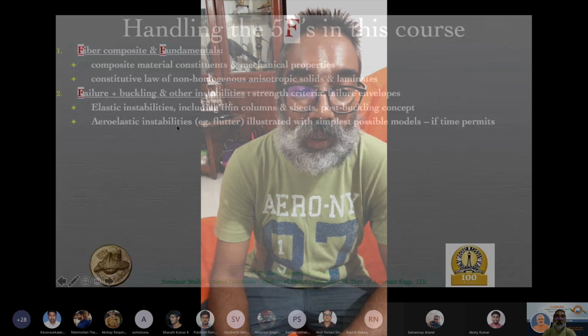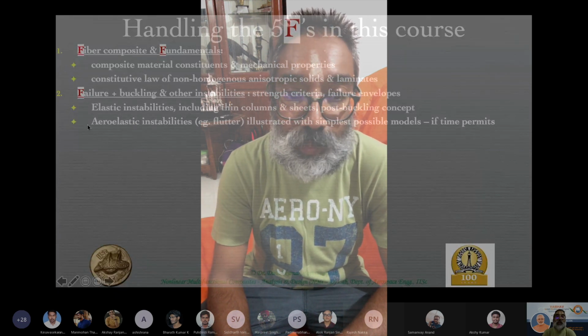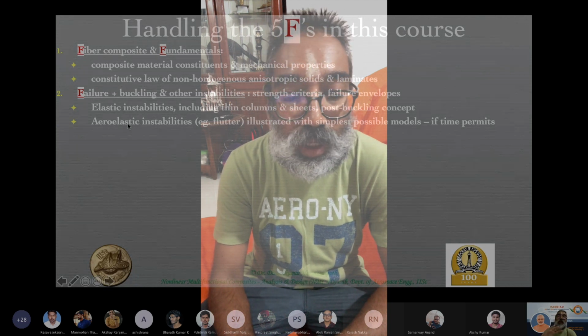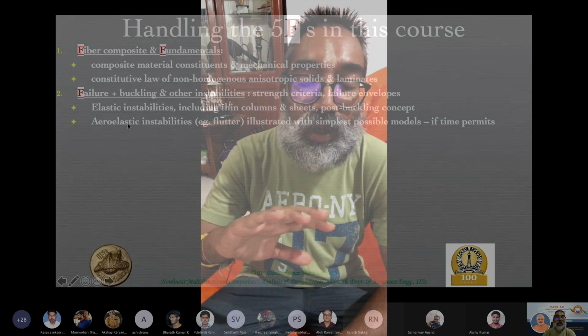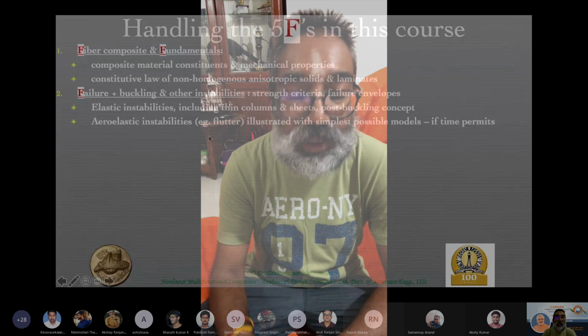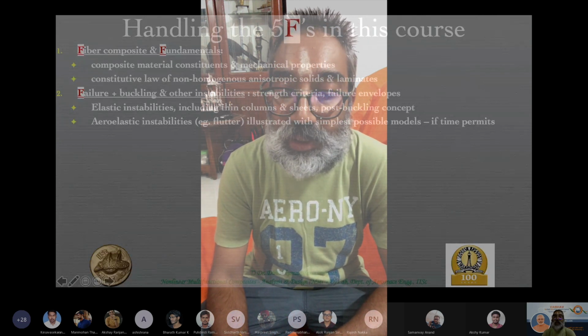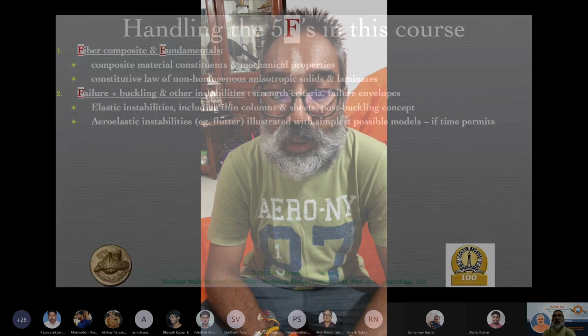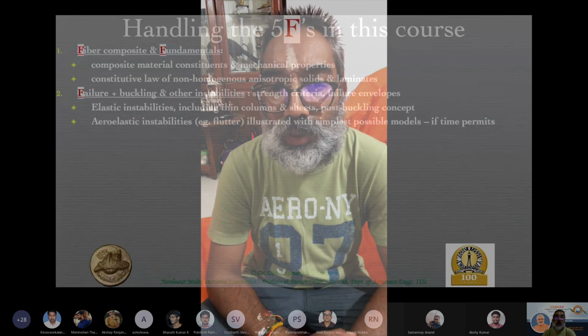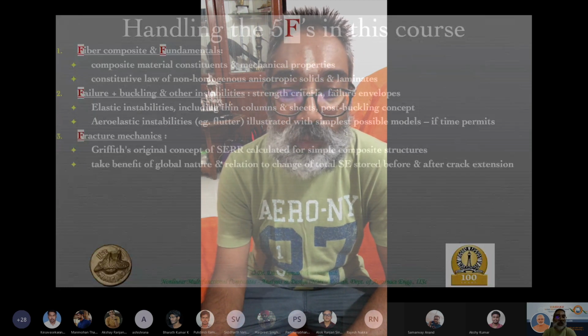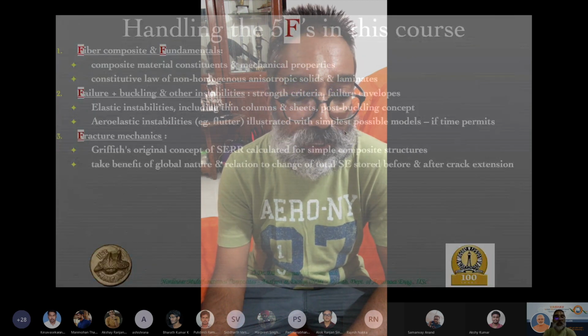The next thing is one level up, when we talk not only about the elastic loads but also the aerodynamic loads. Both in combination can get coupled with each other and create an instability in statics like divergence or in dynamics like flutter. And this again will be illustrated with the simplest possible models, again only if time permits, because there is a specific course related to this.